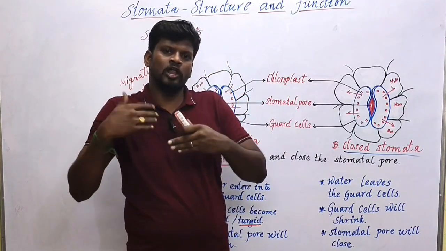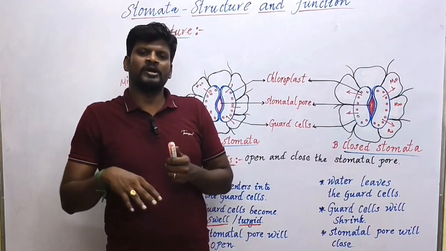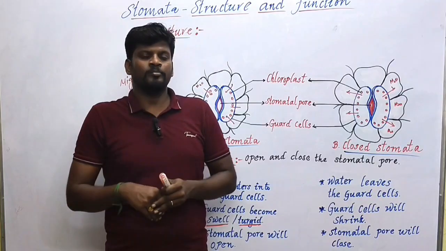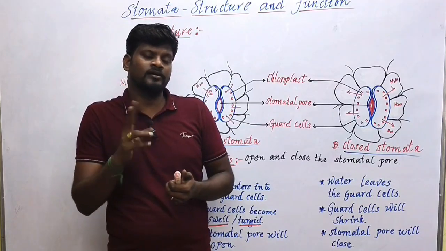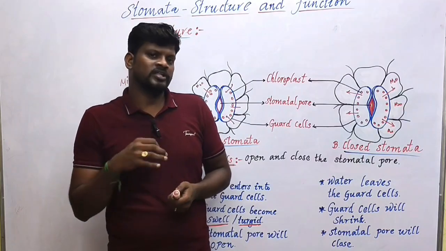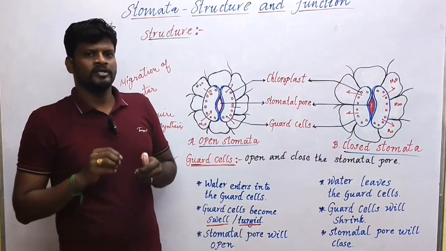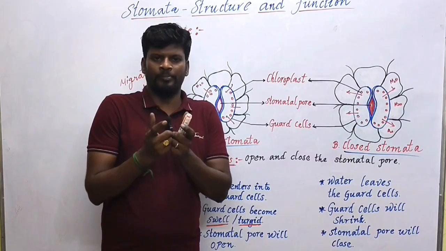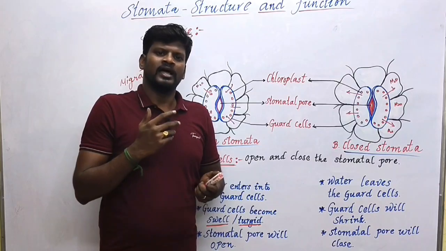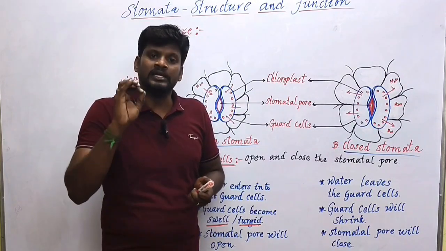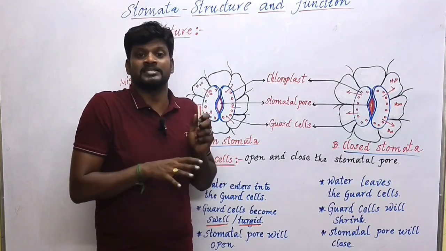So it prevents the loss of water through transpiration, but it affects photosynthesis, right? Since the stomatal pore is closed, it cannot take carbon dioxide from the atmosphere. So how do these plants maintain the requirement of carbon dioxide? They have some other mechanism. During night time, the xerophyte stomatal pore will remain open, and they will take in carbon dioxide, and it will be converted into an intermediate substance and stored in the cells.